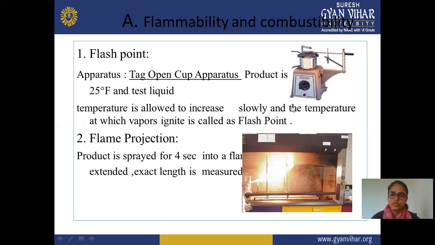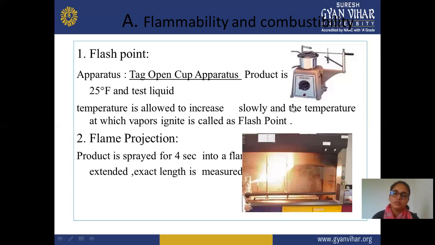Next is flame projection. In flame projection, the product is sprayed for 4 seconds into the flame, and the extended exact length is measured. Means we are applying the material or formulation onto a specific flame, maybe we can say into the container where the flame is present.